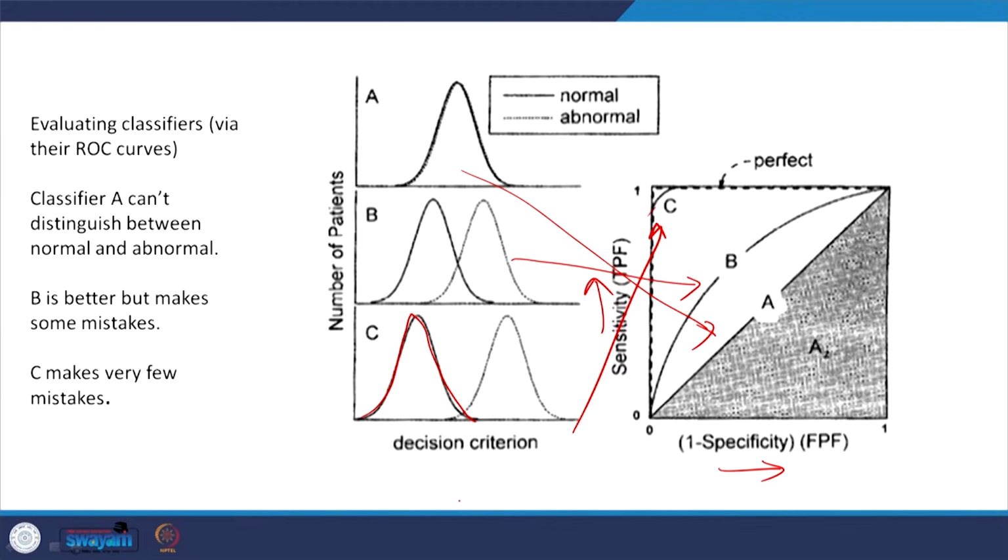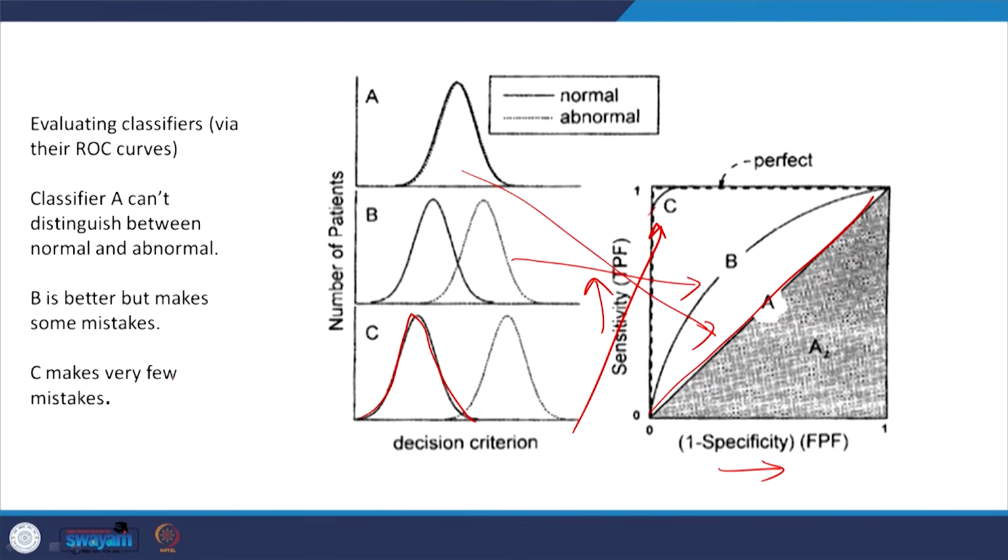Evaluating classifiers via ROC curves: classifier A, this line, cannot distinguish between normal and abnormal, because the two curves are completely overlapped. The second one, B, is better but makes some mistakes, because there is somewhat of an overlap.